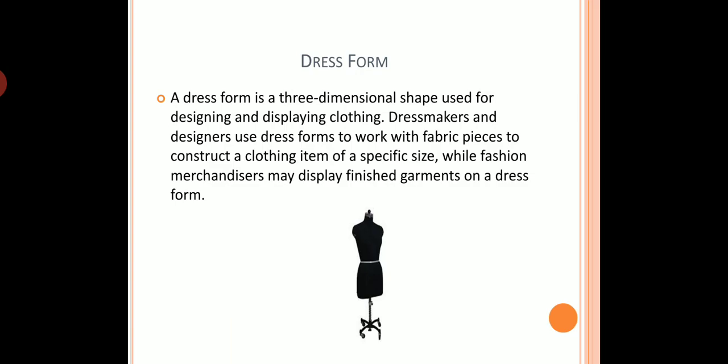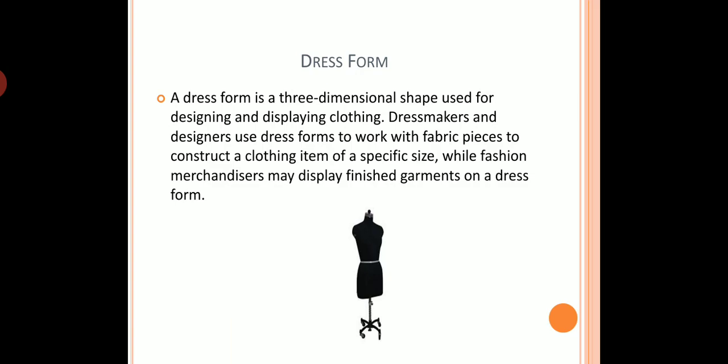Then let's come back to the dress form. It is an adjustable kind of dress form, and it provides the person who is working on it an uninterrupted shape and surface required for pinning the fabric.